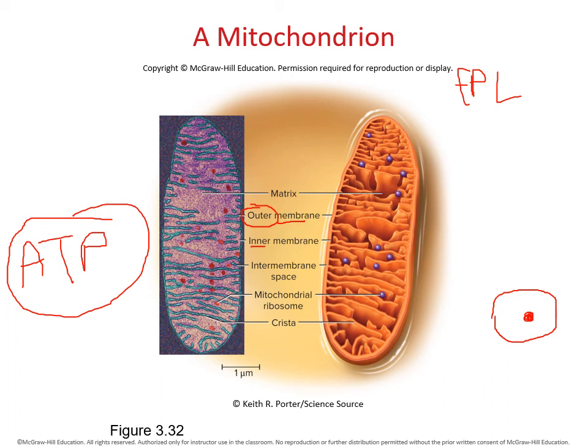Now, before you start thinking, that's crazy, that can't happen, remember there's some proof behind this. The first proof is the fact that it has two membranes. The inner membrane belonged to the original cell, and the outer membrane was placed there by the host cell to now declare it as belonging to itself. The other piece of evidence that we have that the mitochondria was a free living entity millions of years ago is the fact that mitochondria actually has its own DNA.